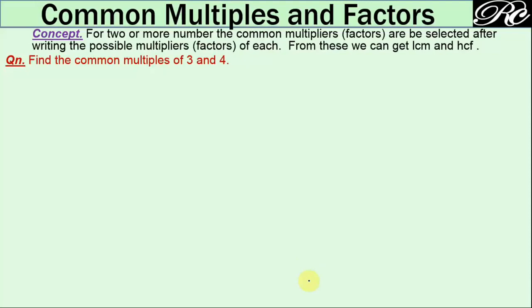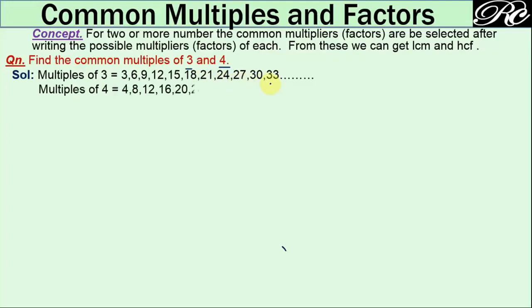So we shall write the common multiples of 3 and 4. First we shall write the multiples of 4, then the multiples of 3. The multiples of 3 are 3, 6, 9, 12, 15, 18, 21, 24, 27, 30, 33. Similarly, the multiples of 4 are 4, 8, 12, 16, 20, 24, 28, 32, 36.